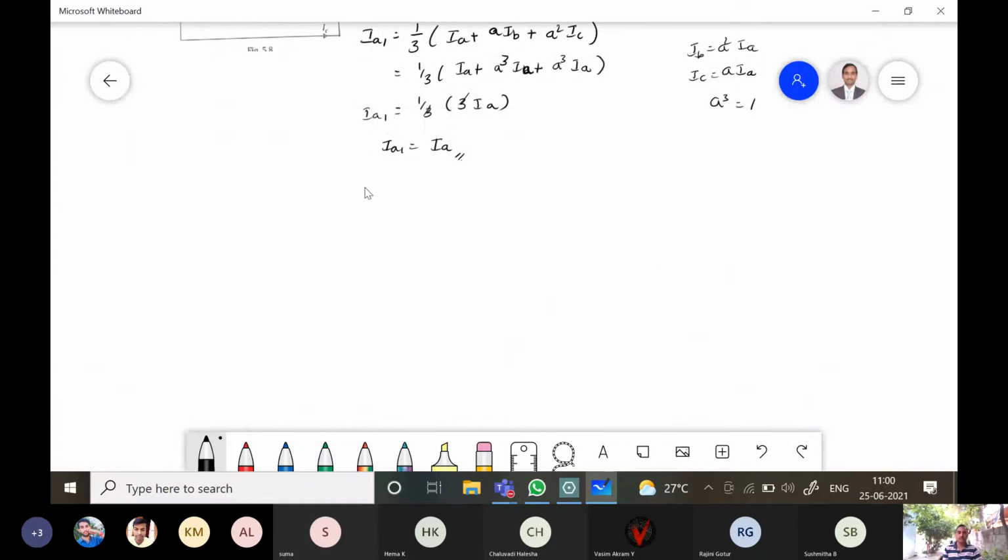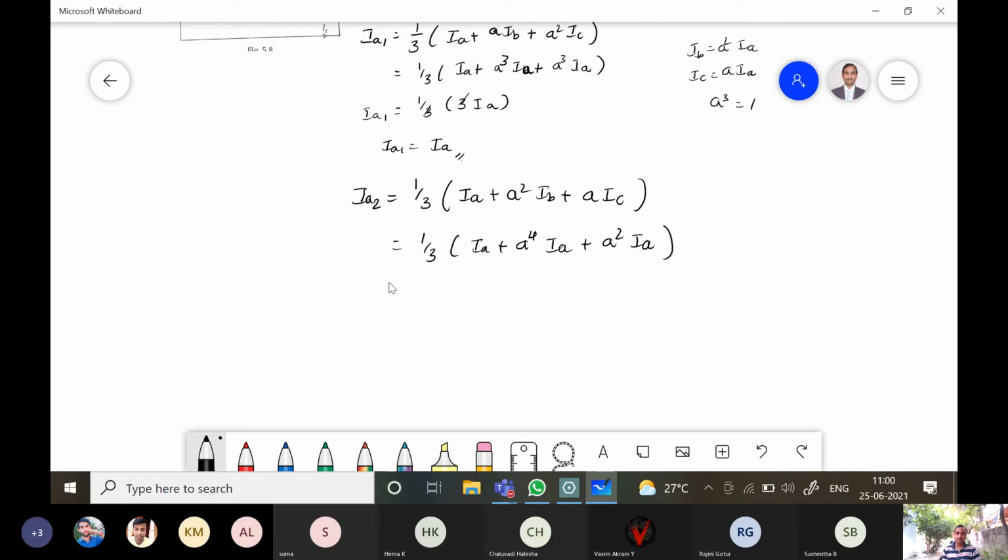So what is IA2, the negative sequence component? IA2 can be written as 1 by 3 times of IA plus A square IB plus A into IC. In this case also, 1 by 3 times of IA plus, IB is equal to A square IA, so A square into A square gives A to the power of 4 into IA, and IC is equal to A into IA, A into A gives A square IA.